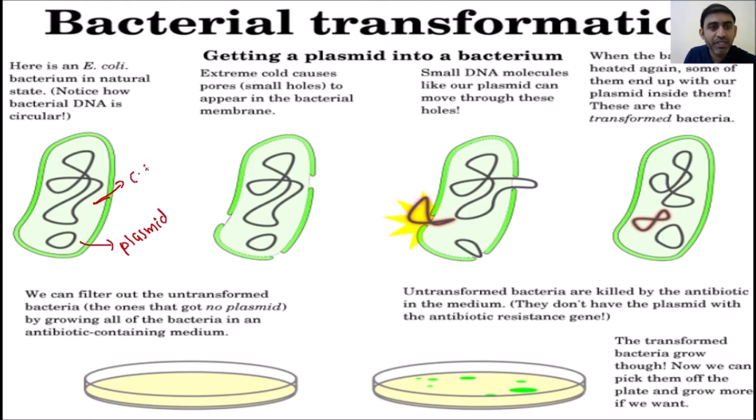But remember, cDNA is also used for complementary DNA. Then extreme cold causes pores in the bacterial transmembrane, so another DNA can be introduced into the bacterial cell. Small DNA molecules like our plasmid can move through these holes, and when the bacteria are heated again, some end up with our plasmid inside them, and they are called transformed bacteria.